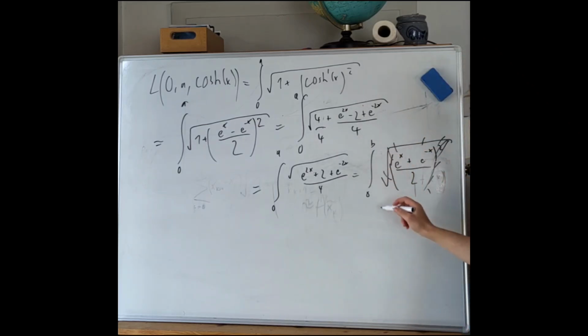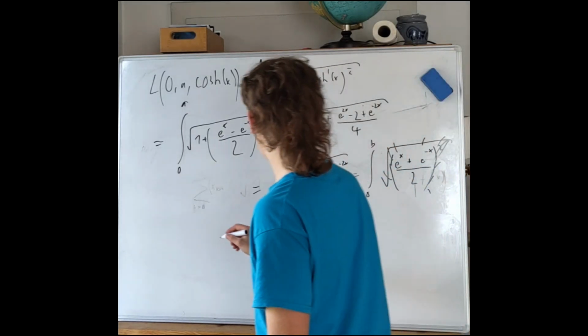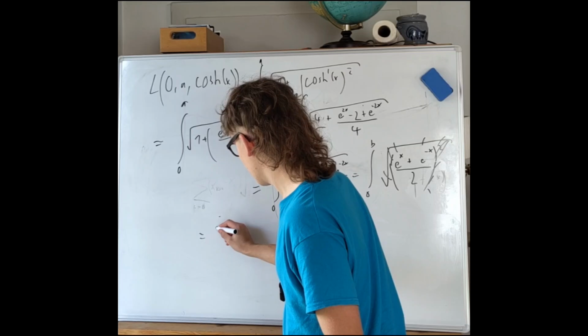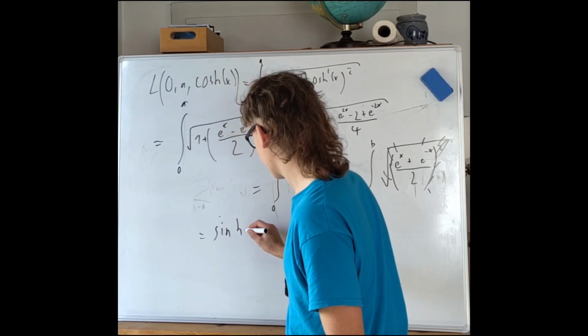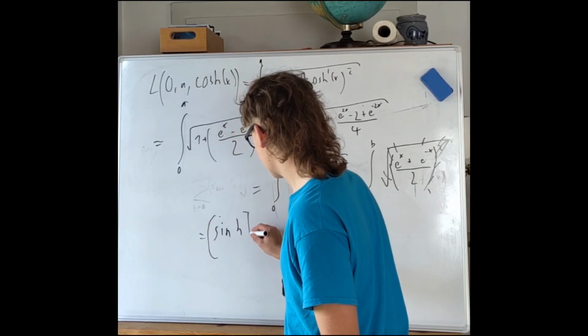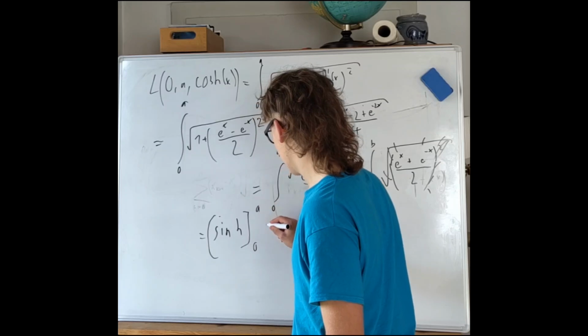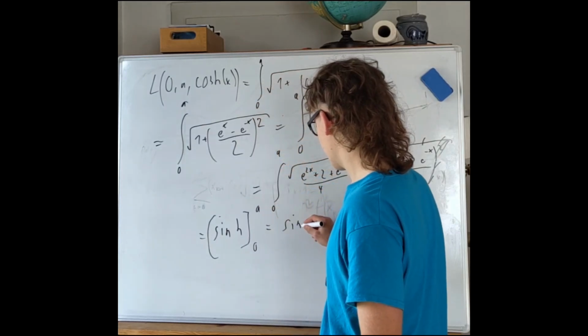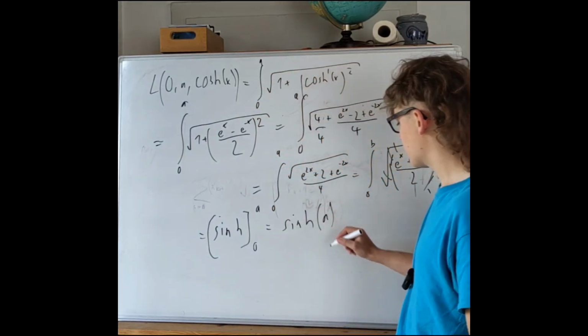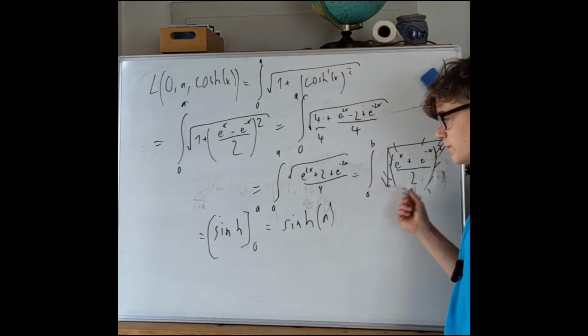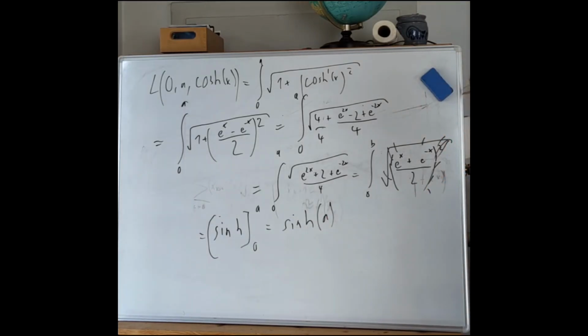And because this is the integral of what you might recall is cosh, the integral of cosh is just sinh. So this is the integral of cosh, and then plug in the values. We use 0 and a here, so this is just sinh of a, because plugging in 0 gets you back 0.